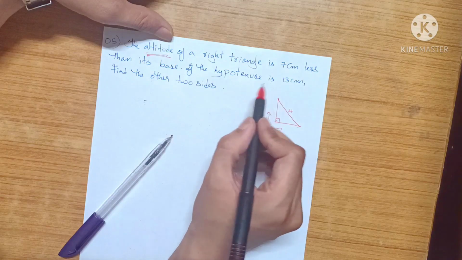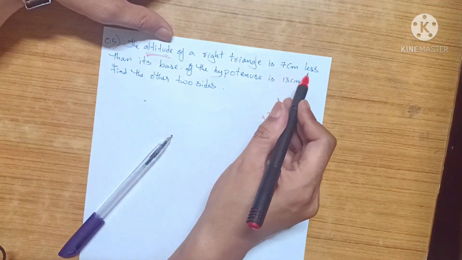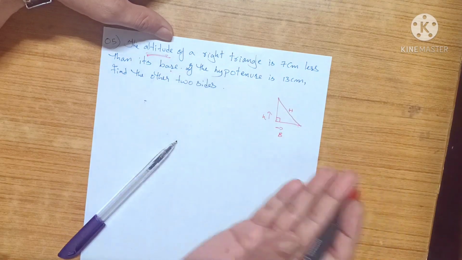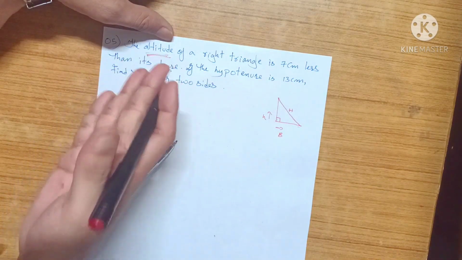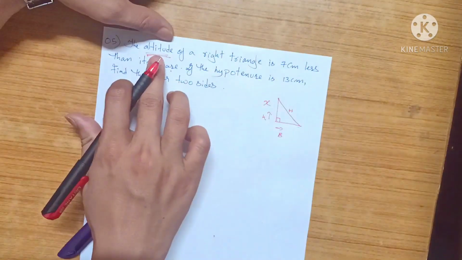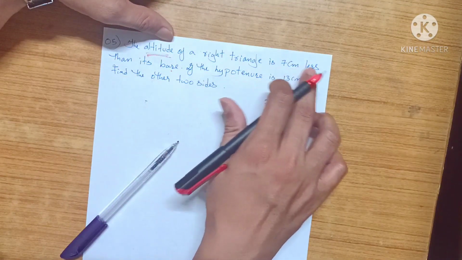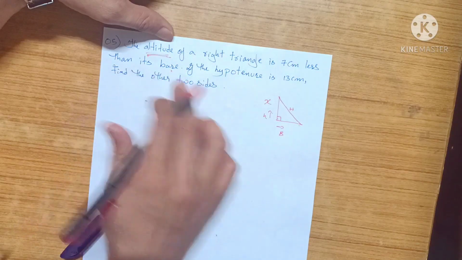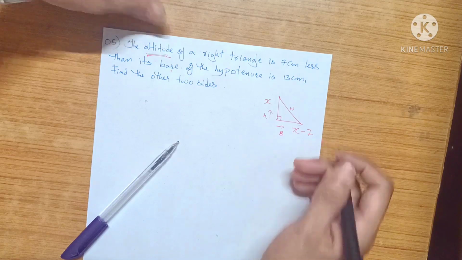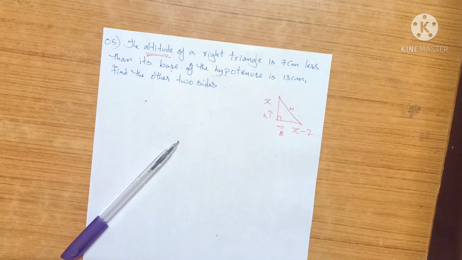So in this case, they're saying altitude is 7 centimeter less than its base. So which is smaller? Altitude, right? So we're going to take the altitude as x. So altitude is 7 centimeter less than its base, so base will be x plus 7, sorry.